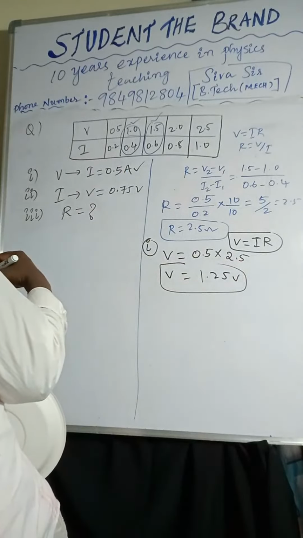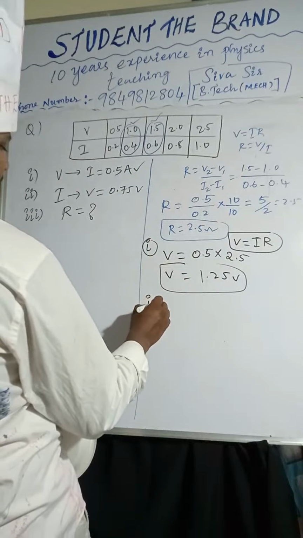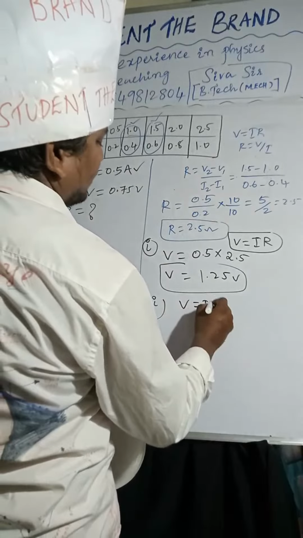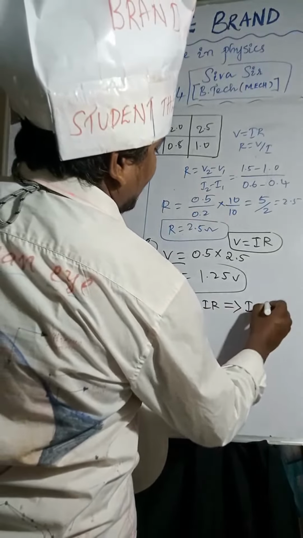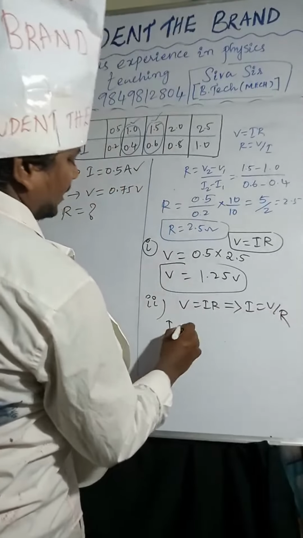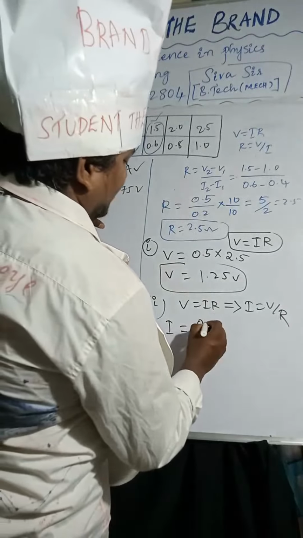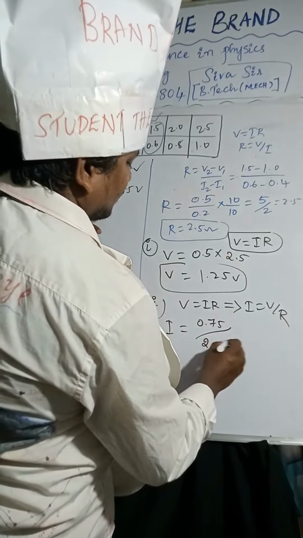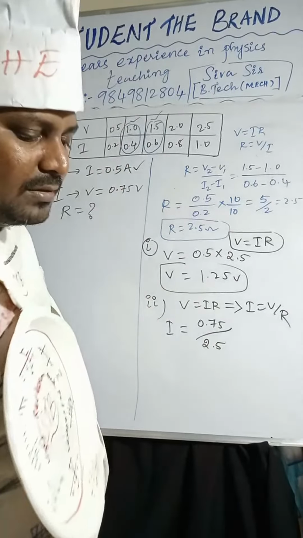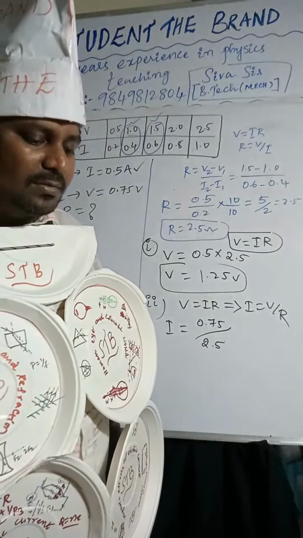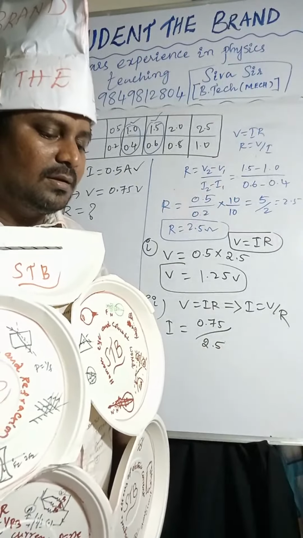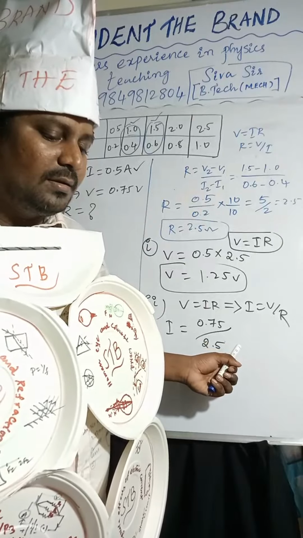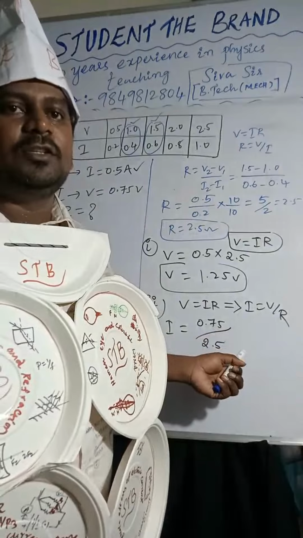Second question. Here we have to find out the current. V equals IR, so I equals V by R. We have to find I. The potential difference is 0.75 divided by the resistance, 2.5. Can you solve this question?